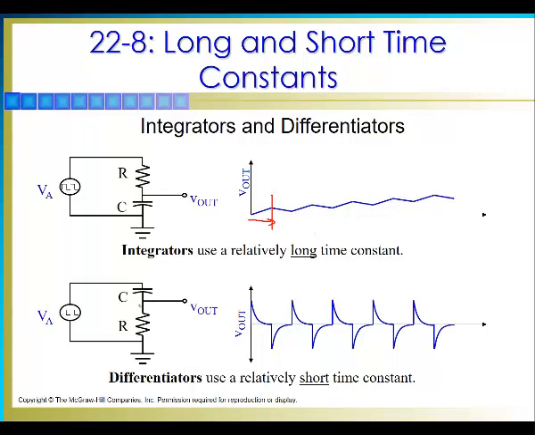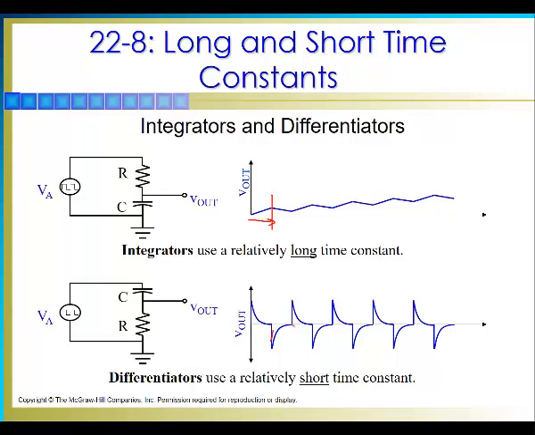And if the time constant is very short, then we're looking at the voltage on the resistor. It starts full, and then goes down, goes back up, goes down, goes back up.